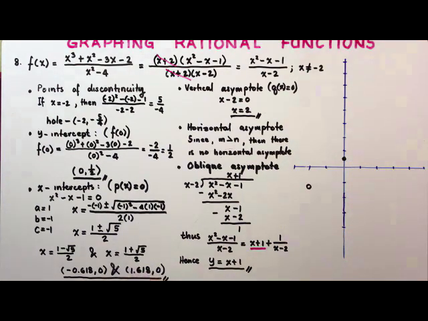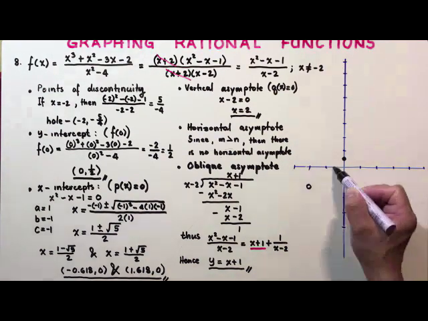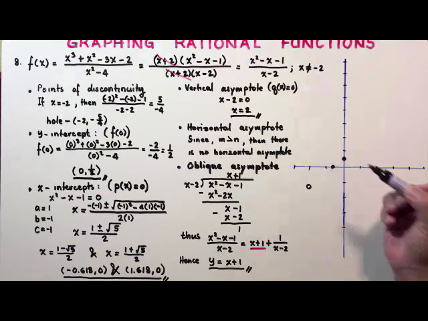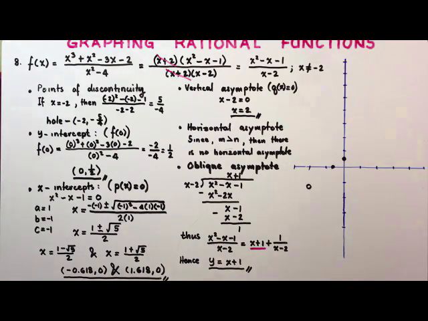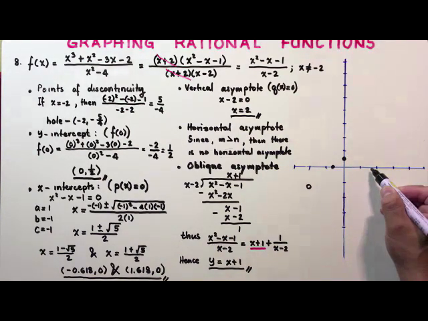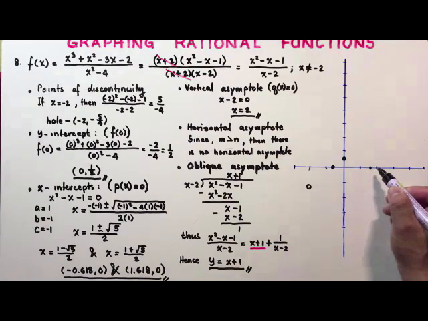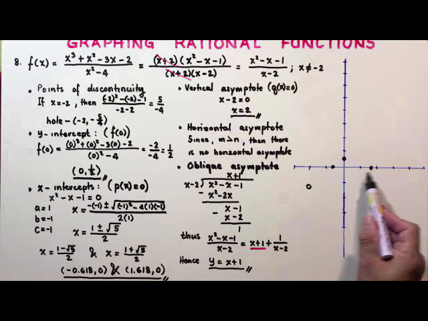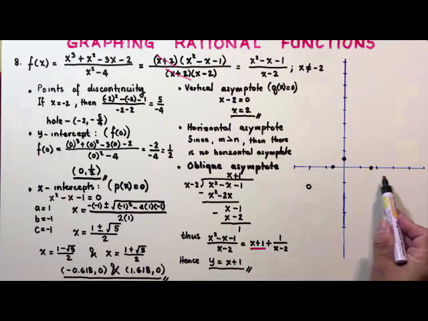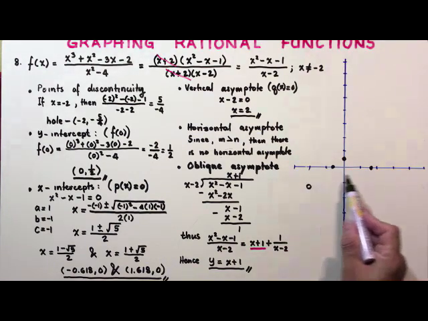And also our x-intercepts, which are at -0.6180, somewhere here, and then the other one is +1.618, so here. Remember, their y coordinates are zeros because these are x-intercepts.